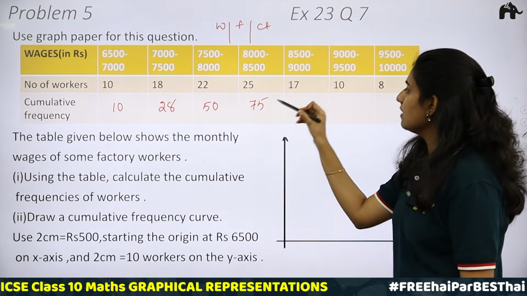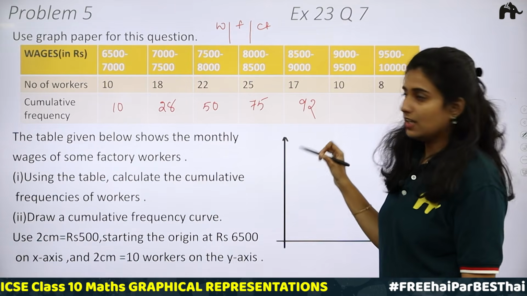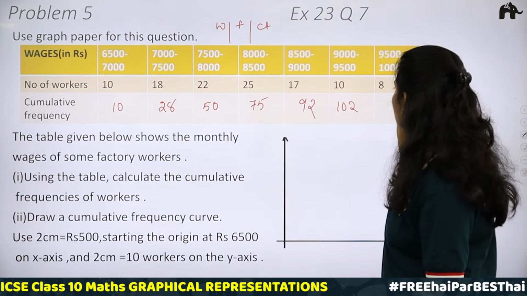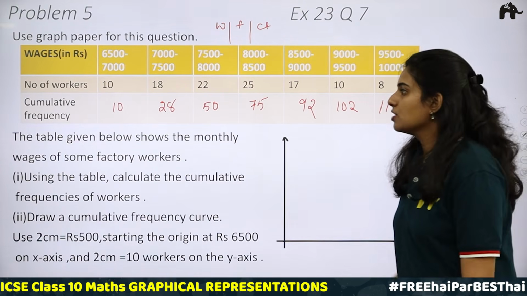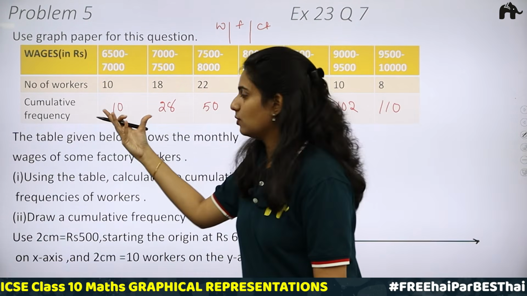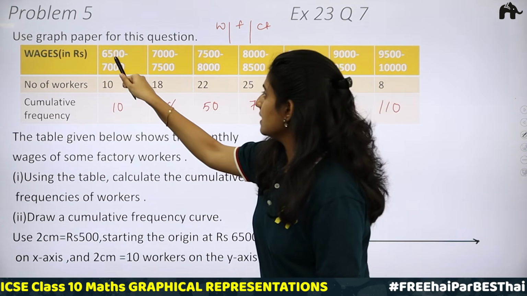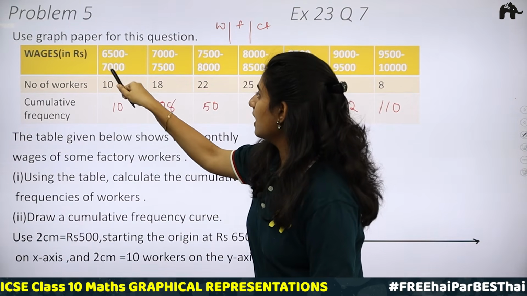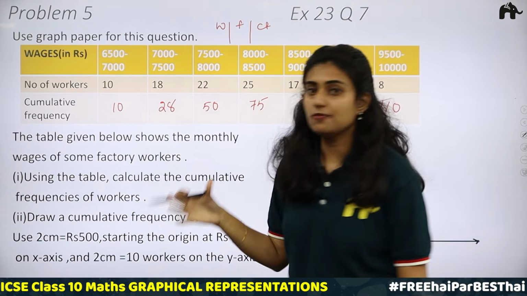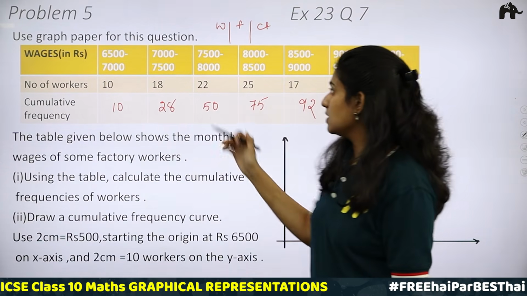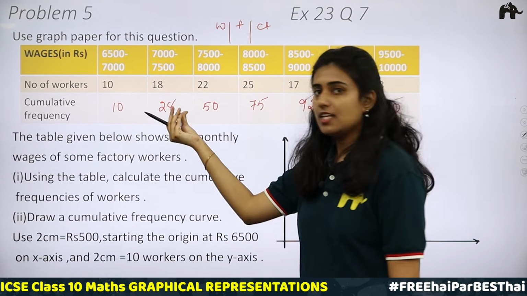Next, adding 17 to this, you will be getting 92. Adding 10 again, you will be getting 102. Adding 8, you get 110. So, these are the values. We have obtained the cumulative frequencies. What does this mean? Already it is given that between 6,500 and 7,000, the wages are for 10 workers. When it comes between 6,500 and 7,500, there are 28 workers.